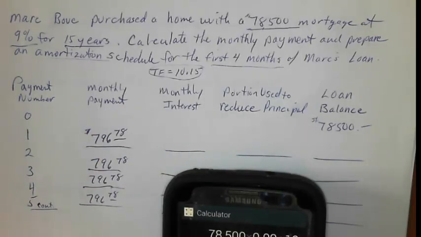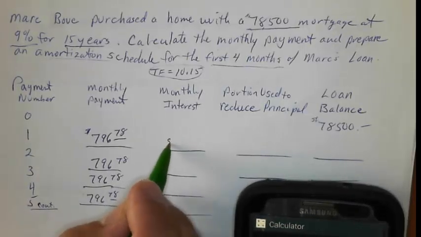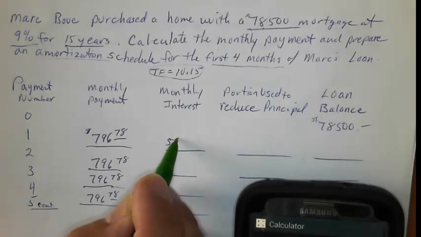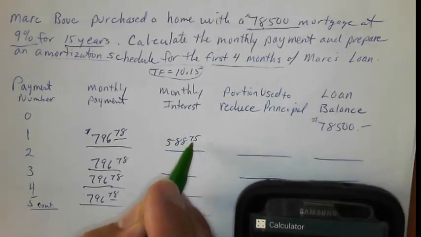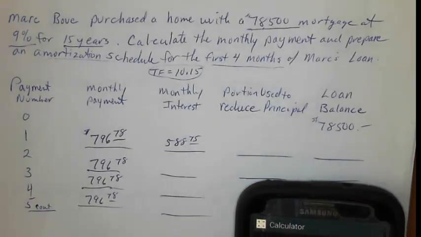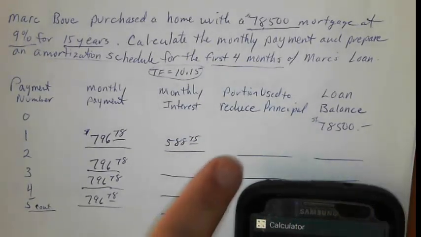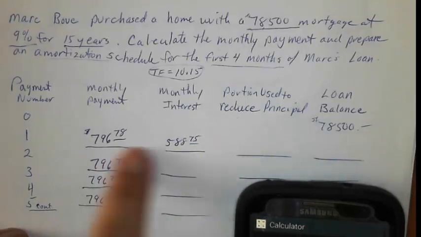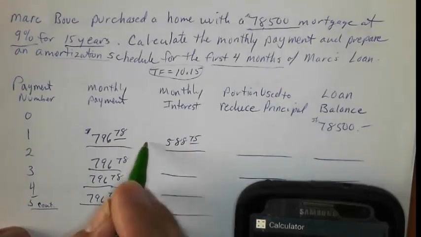Okay, so that is going to be our interest for that first month. All right, see how we did that? Your balance, principal times rate times time. Same thing we've been using all along. And then the portion used to reduce the principal is the difference between these two numbers.